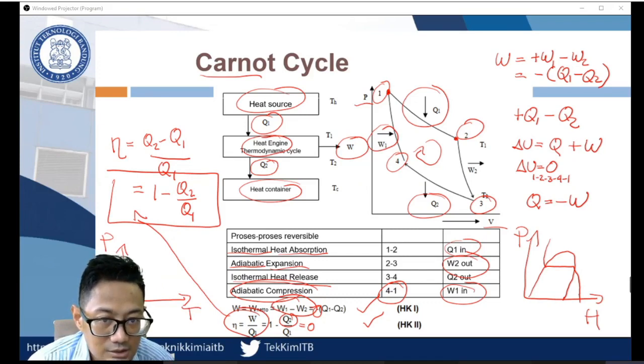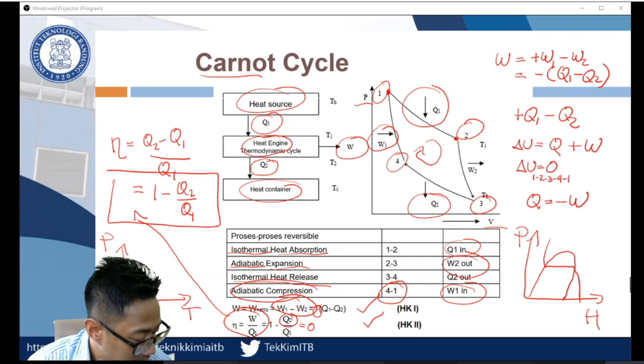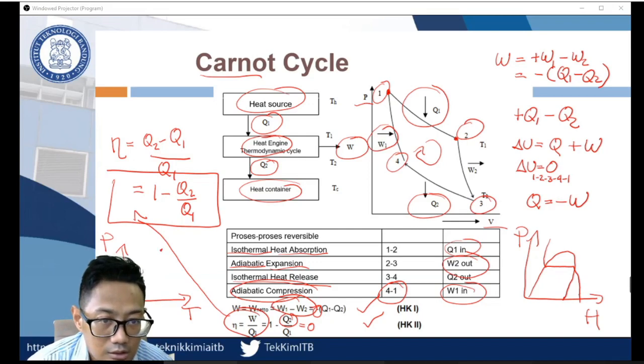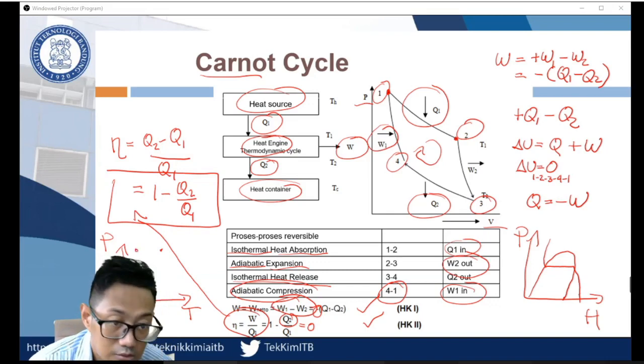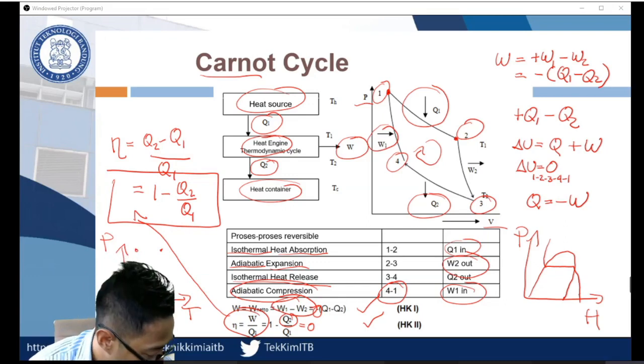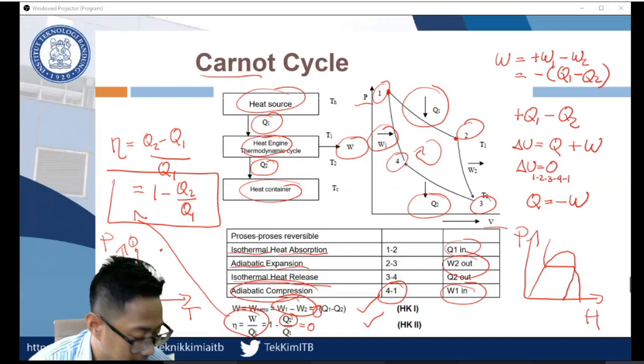Point 1 is high temperature, and then following high temperature to heat absorption. So the pressure is decreasing, but at a constant temperature. So this is point 1 and point 2.